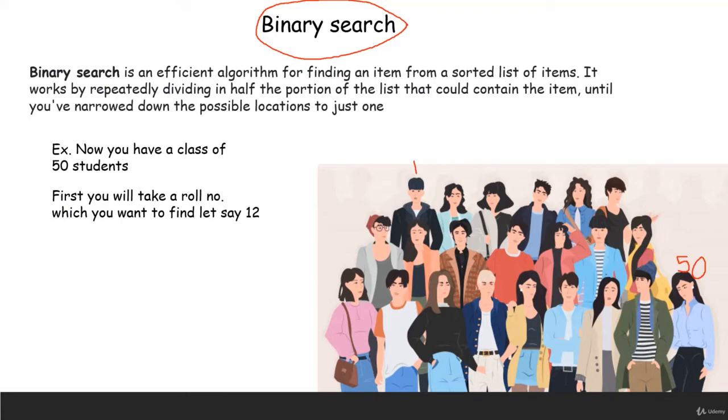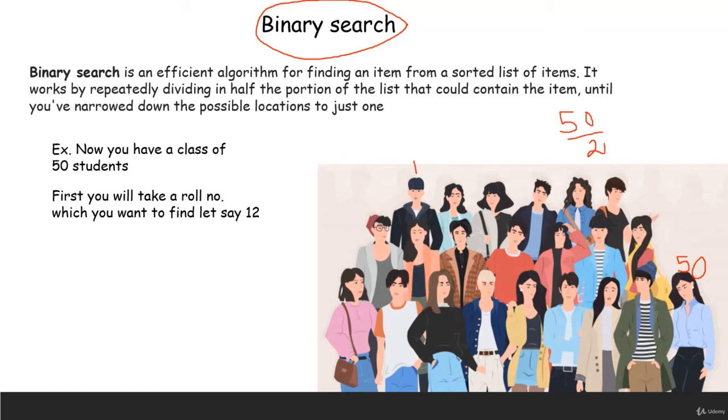What you will do is first find the middle one of these 50 students. That means, what is the mid of students from 1 to 50? How will you calculate it? 50 divided by 2 is 25.